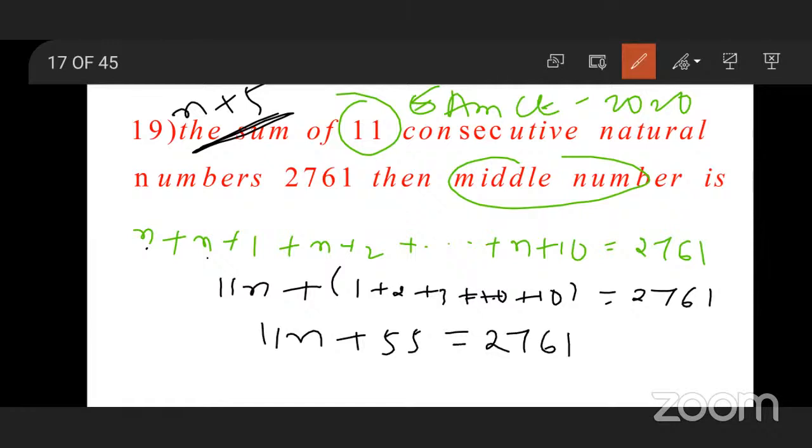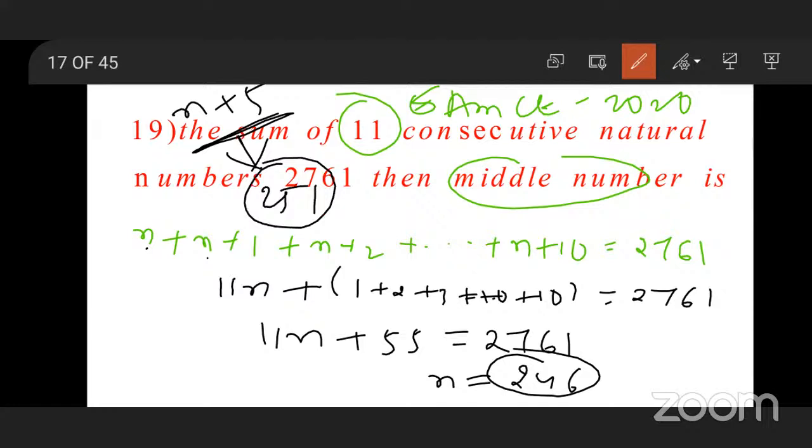You want only 11n, so n is equal to 246. But what you want is the n plus 5 value. 246 plus 5 is equal to 251, the middle term of the 11 consecutive natural numbers.